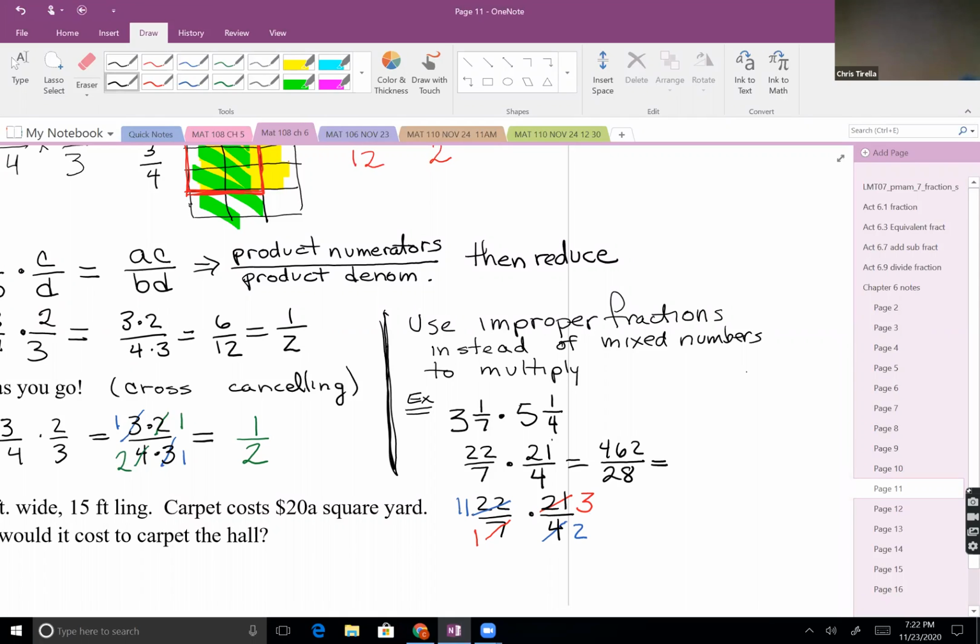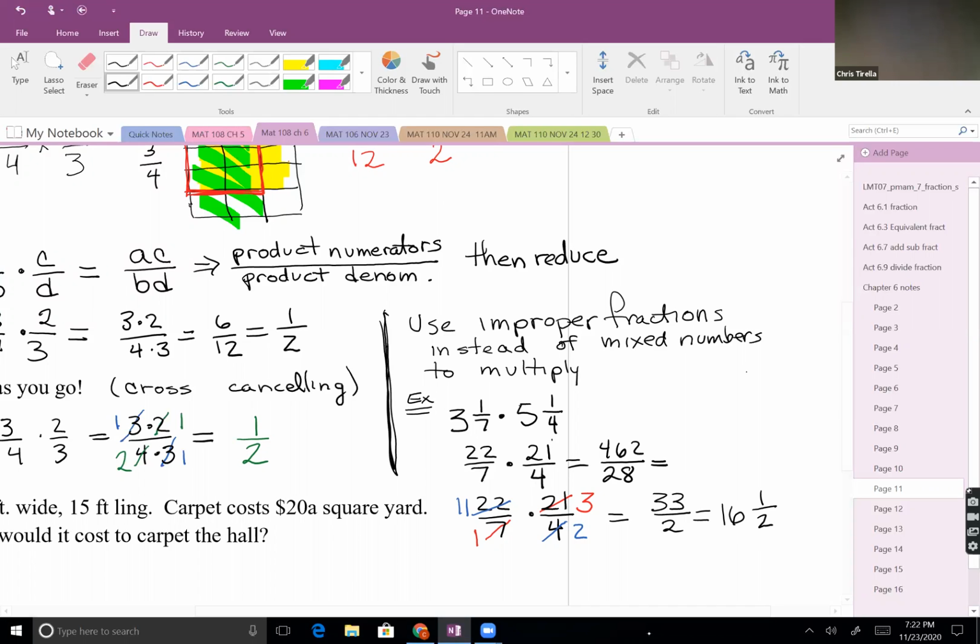And so then when I multiply, 11 times 3 is 33, over 1 times 2 is 2. And then simplifying, 2 into 33 would be 16 with a remainder of 1.